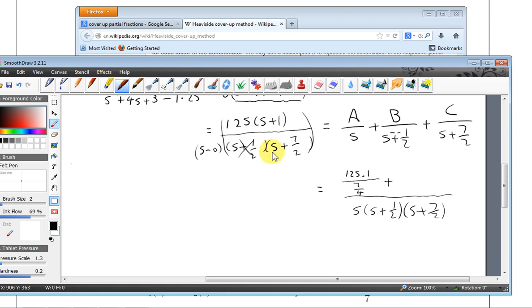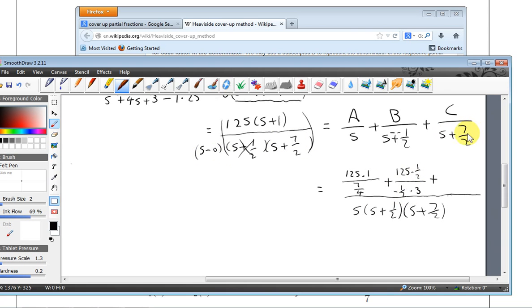We just cover that up. So we get 125 times minus a half plus 1. Well, that's plus a half. And in the denominator we have minus a half for s, and that's multiplied by this here with s equal to minus a half. Minus a half plus 7 halves is 6 halves, or 3.